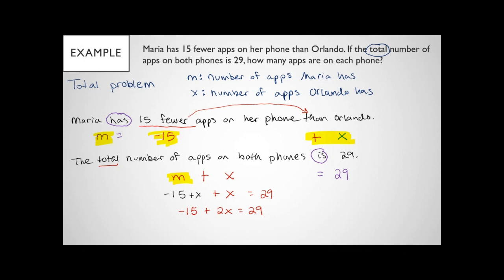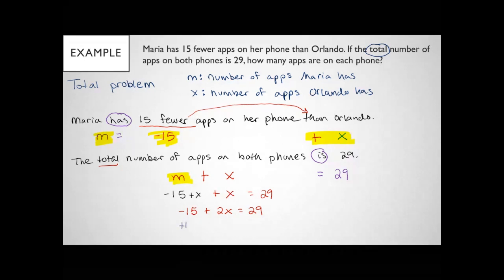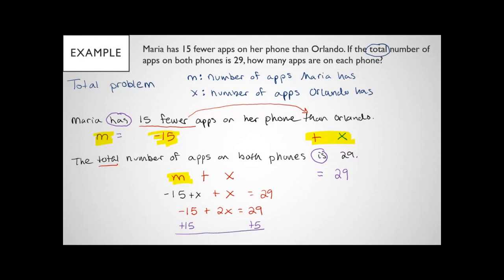So to solve, I need to get the X by itself. So I'm going to add 15 to both sides. I know I'm kind of running out of room here. So I'm left with 2X equals 34. Now I'm going to just use a little arrow to follow because I don't have enough room.